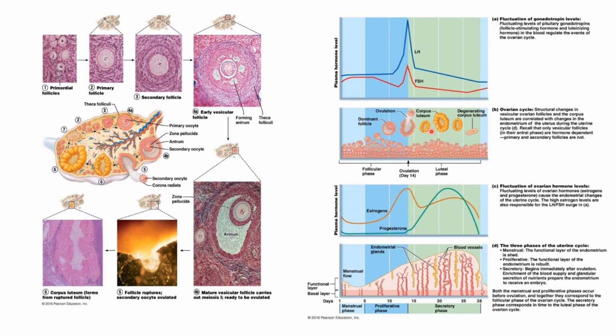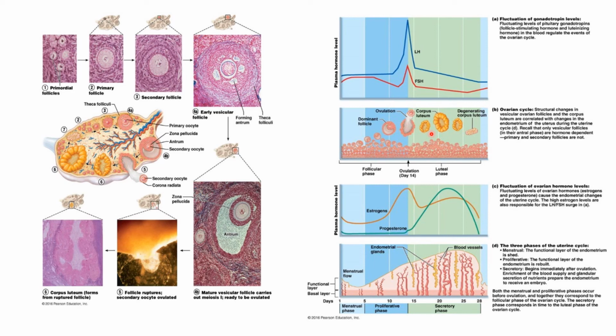So in the corpus luteum, we don't have an oocyte inside of it. This is just some of the granulosa cells that were ruptured along with the oocyte. They are going to become the corpus luteum.